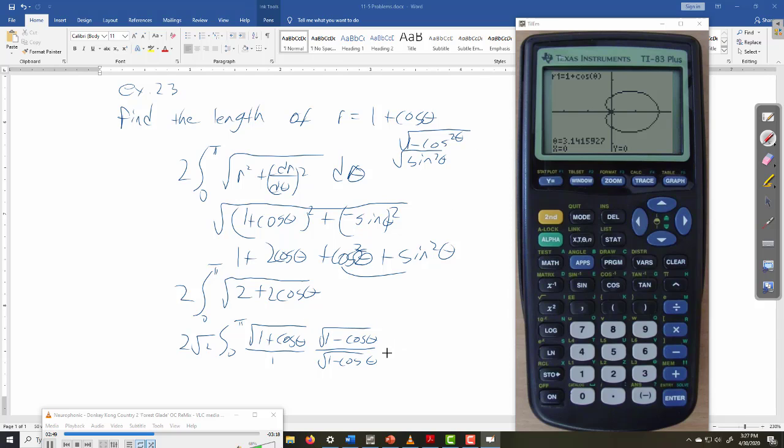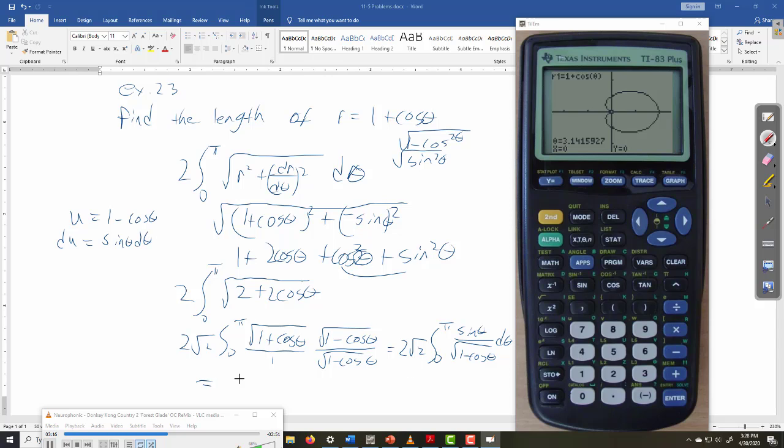So then I'll just get sine θ. So we'll get 2 square root of 2, integral 0 to pi of sine θ over square root 1 minus cosine θ. And then we ought to just be able to integrate by substitution. u equal 1 minus cosine θ, du. Oh, that's convenient. That's just sine θ dθ.